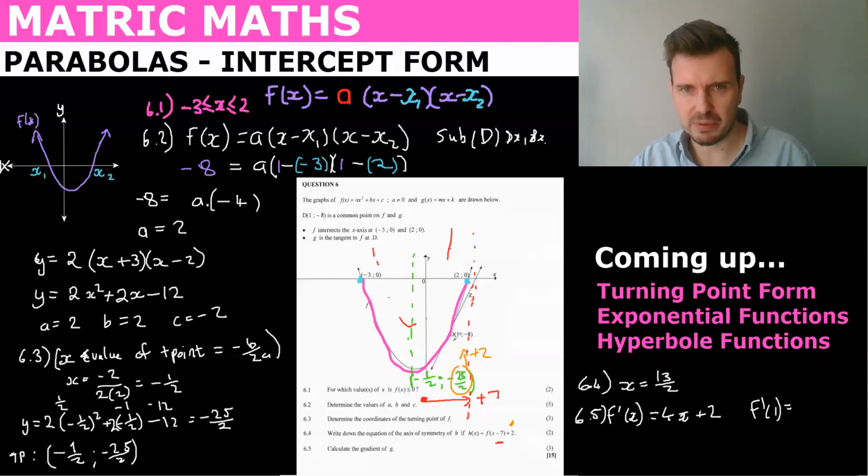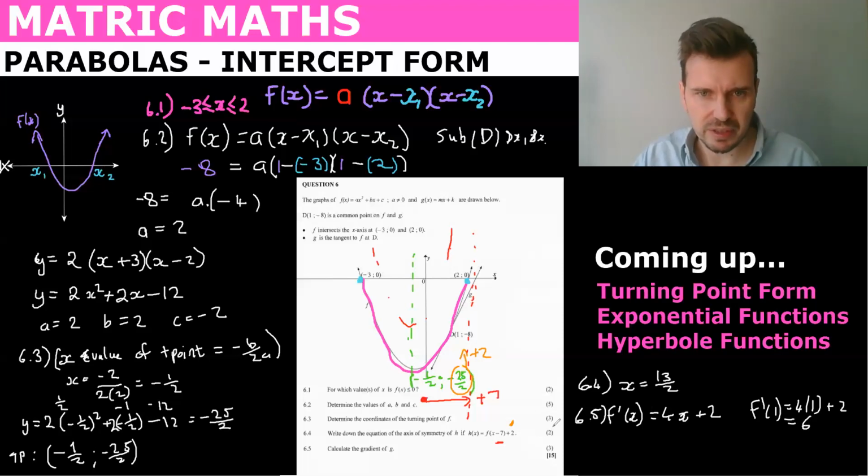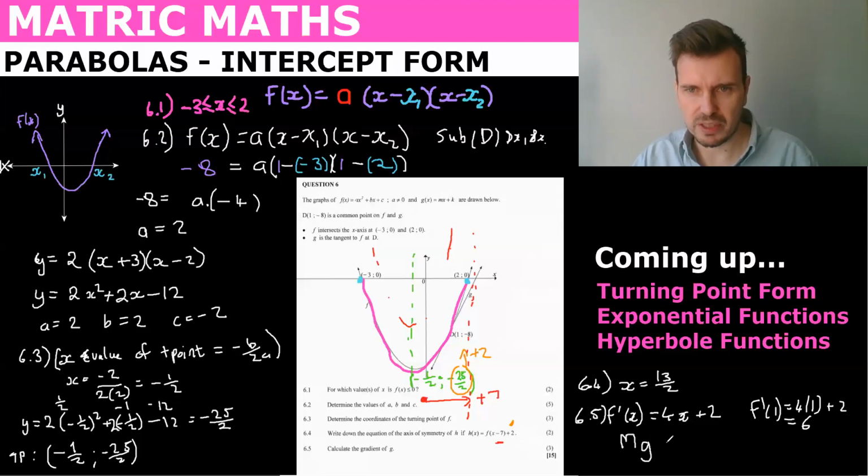So what is the gradient where x is 1? It's going to be 4 times 1 plus 2, which is equal to 6. So now I know that the gradient is 6, and that's all they've asked for. So we can just say m of g is equal to 6.